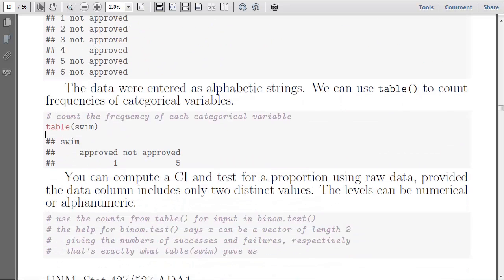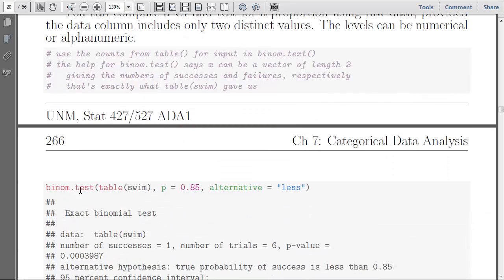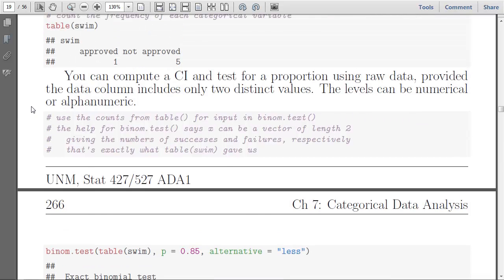Finally, you can use the table function to count the frequencies of each category. So we've got number approved is 1, the number not approved is 5, and in order to use, say, the binomial or the proportion test, you can put in a single object, which is a table. And so this table, we already saw above, creates these two numbers, a 1 and a 5.